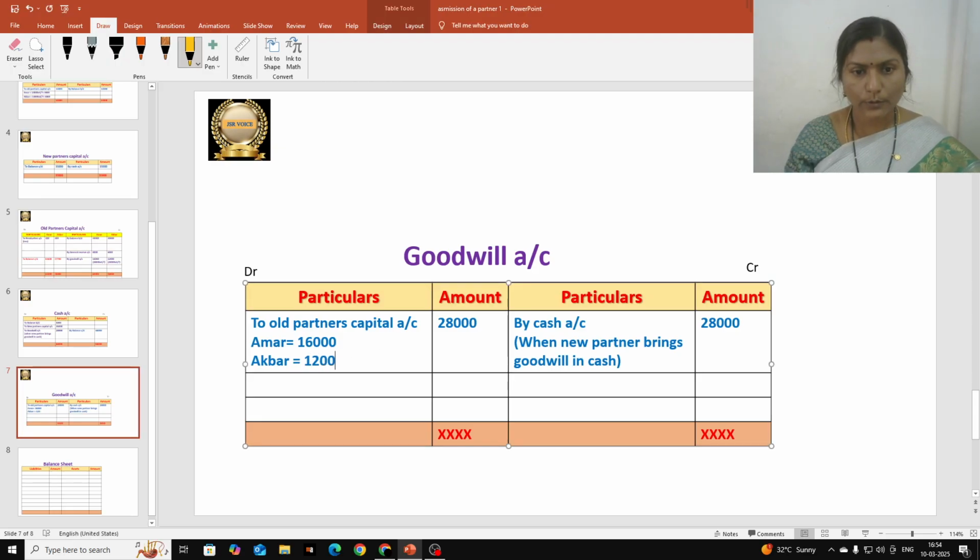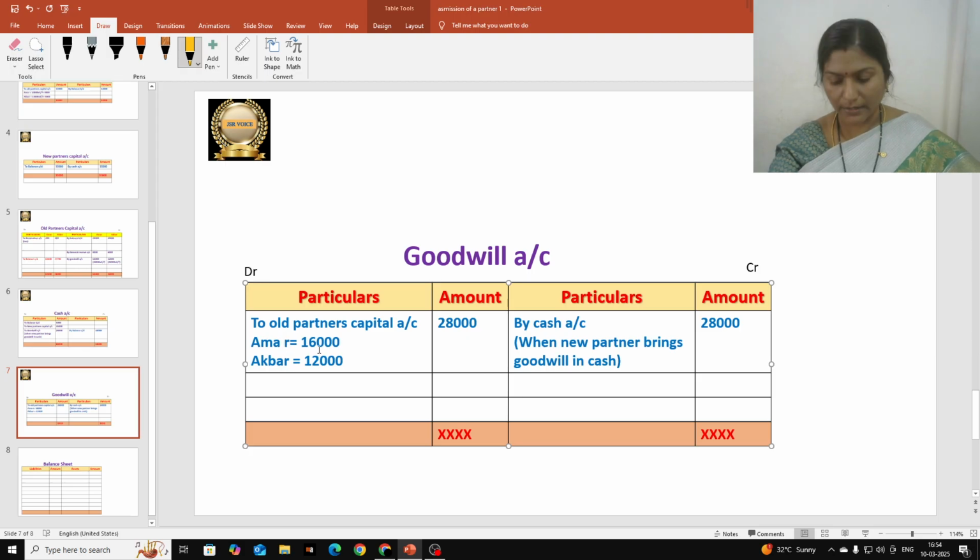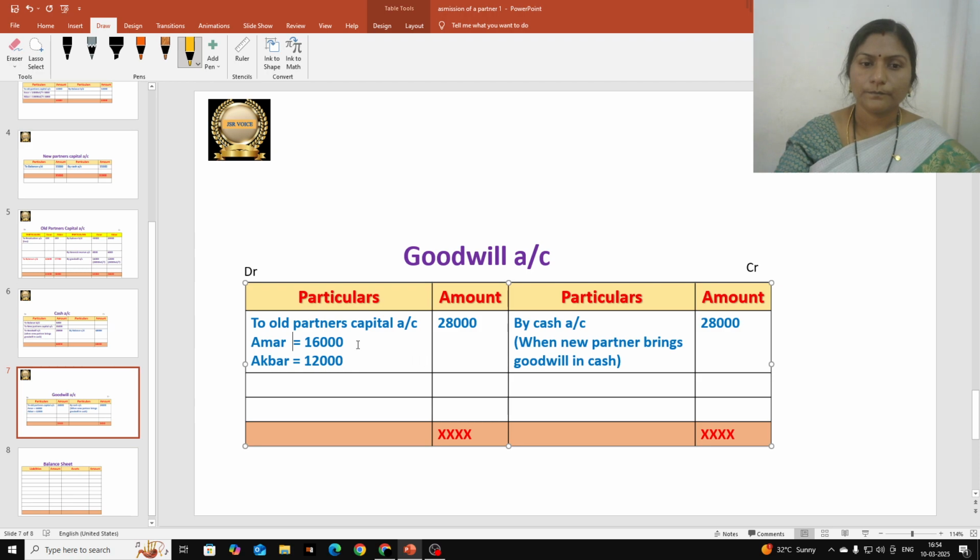Let us write 12,000 here for Akbar. Okay, so you need not calculate again because already it is there. Now both the sides totals will be 28,000, 28,000. Okay, so if you know the formats, this is very simple to do the solution.